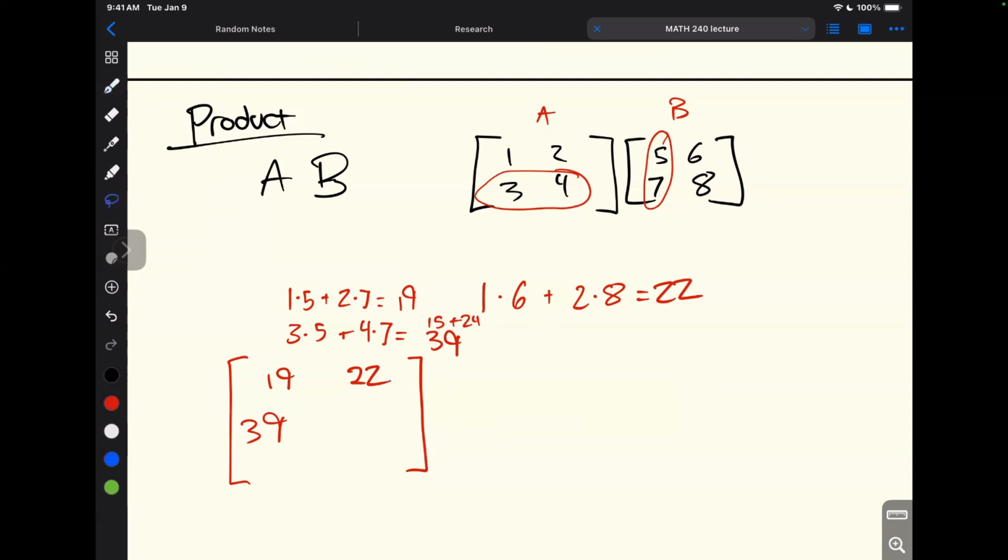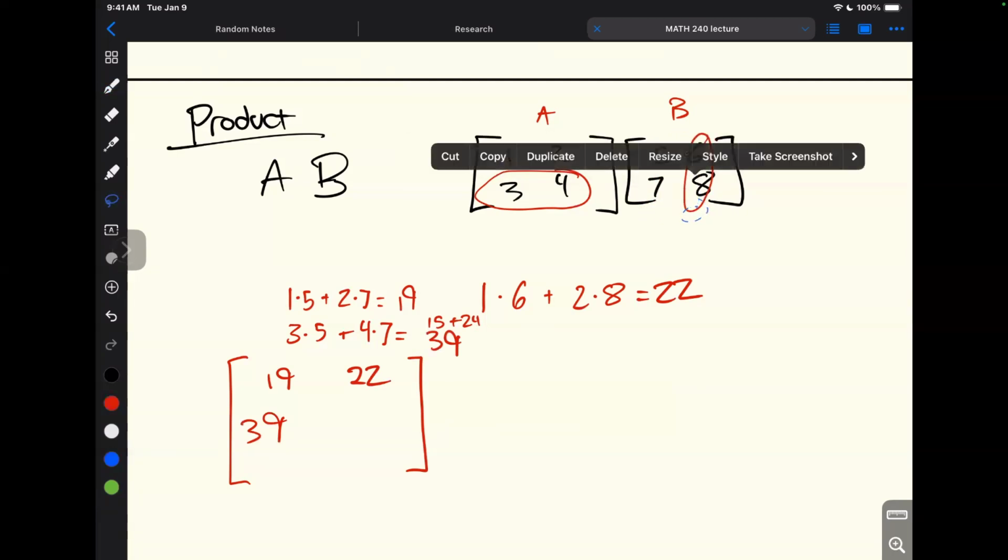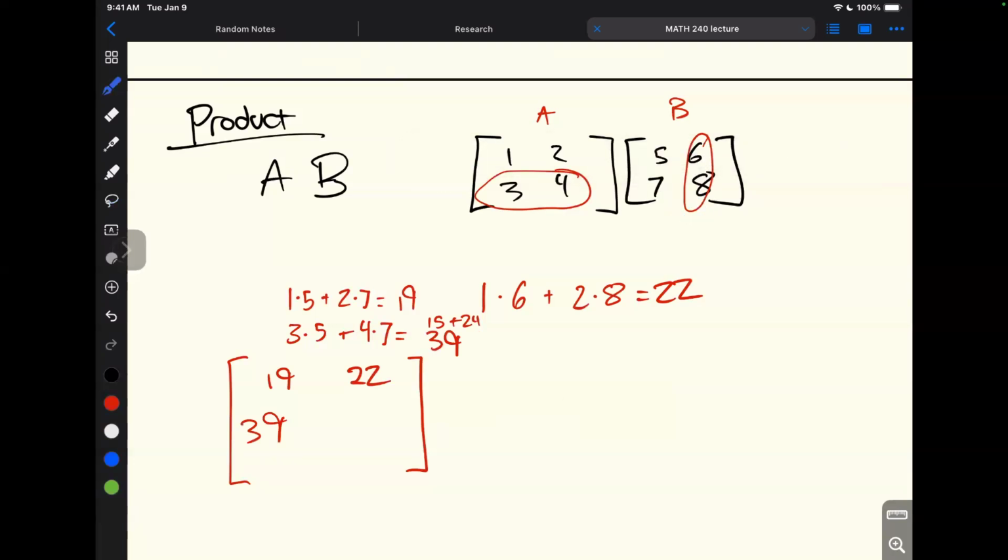We're going to look at the next row, the next column in B. And so that's 3 times 6 plus 4 times 8. 3 times 6 is 18. 4 times 8 is 32. Small math there.